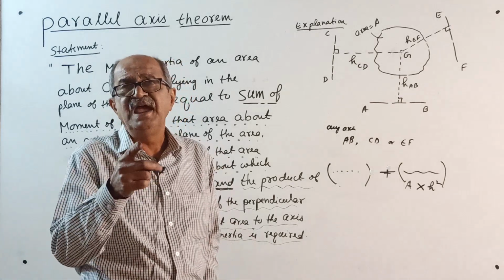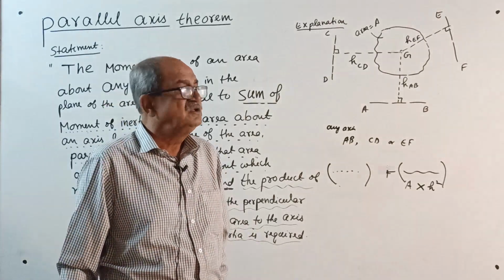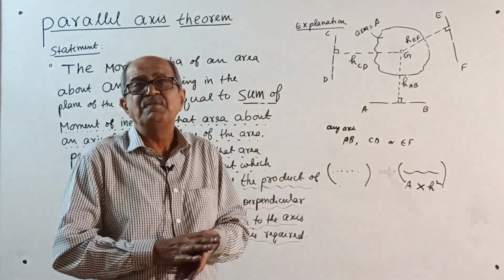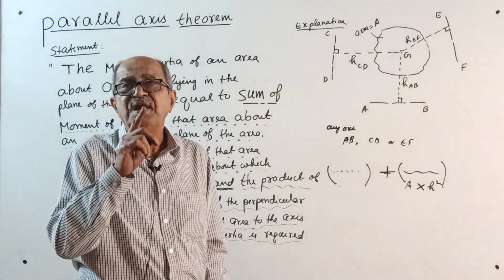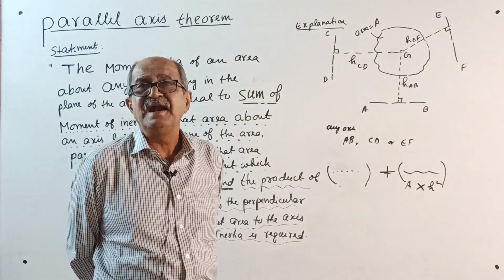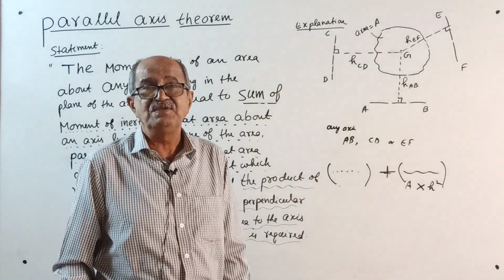Remember, once again, it will be around a 2 hour class. A very exclusive class, so that your complete confusion about finding moment of inertia is removed in that class. I will tell you, it is the number one critical class for understanding the meaning of moment of inertia and for finding it.